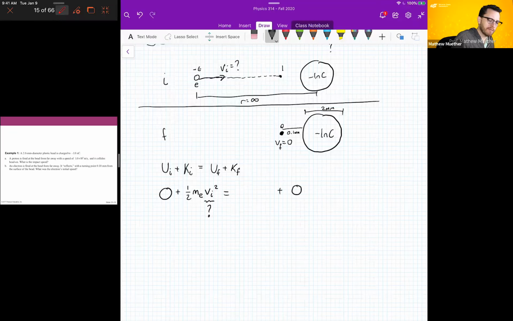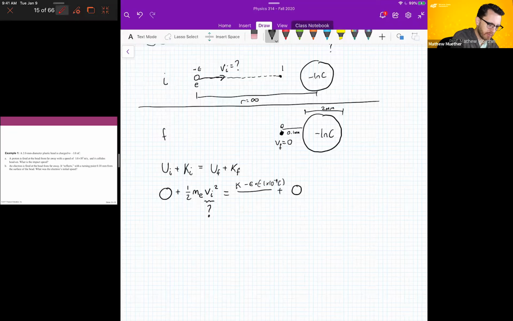What about the final potential energy? Well, I can just use my functional form for the potential energy for two objects with spherical symmetry approaching one another. It's like K times minus a fundamental charge times my negative 1 times 10 to the minus 9 coulombs, all of that over R. What's my separation now?